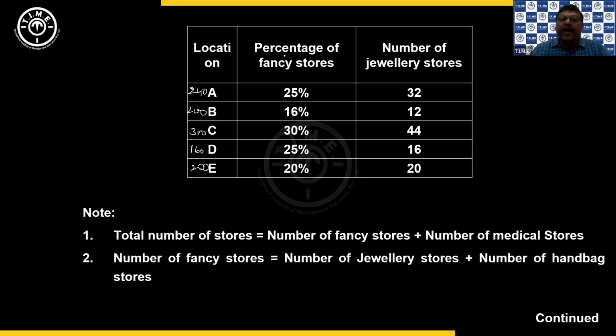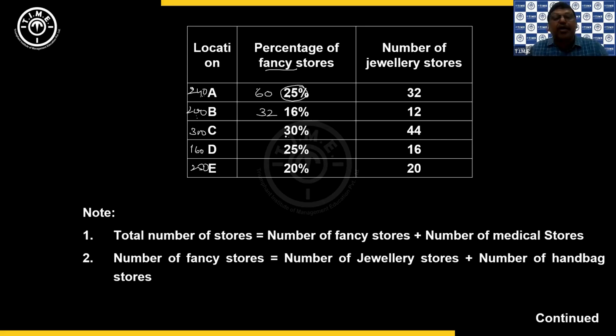See, now, fancy stores are 25% of this, right? So 25% is 1/4, students. I'm sure you can say 1/4 of 240 is 60. 60 are fancy stores. Here 16% of 200. 16% means 16 per 100. For 200, it will be 32. What do you mean by 30%, students?